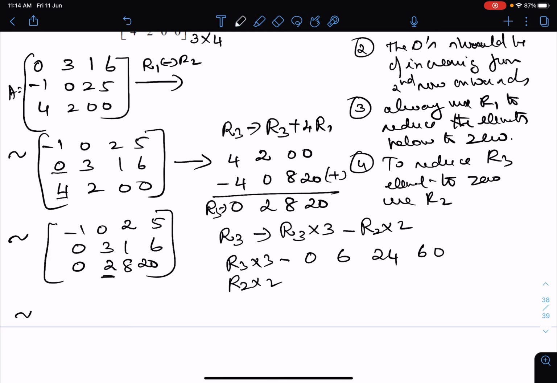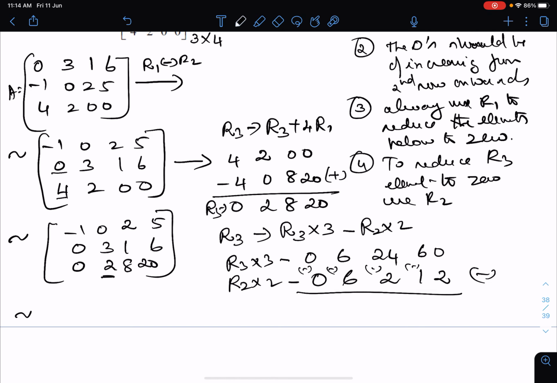R2 into 2 will give you 0 6 2 and 12. Now we are going to subtract, so change the sign throughout. Your answer is going to be 0 0 22 and 48. This is going to be our R3.